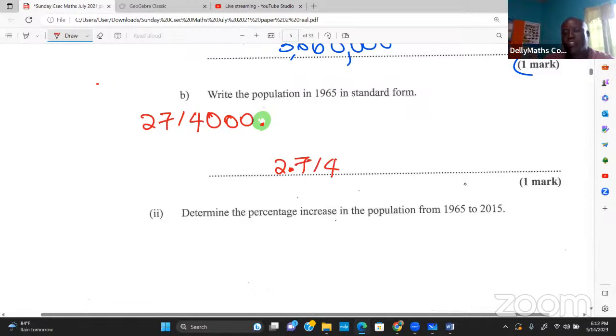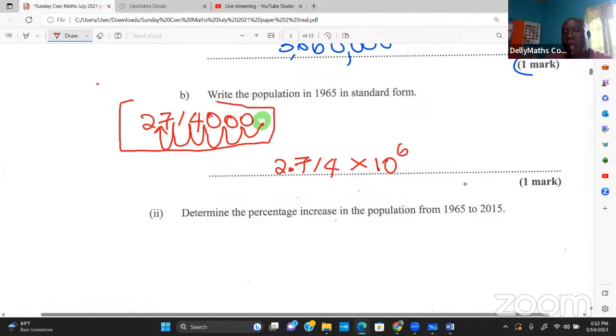All right. So then you want to check to see how many places it hopped to get there. 1, 2, 3, 4, 5, 6. So each hop is a power of 10. So it is going to be 10 to the power of 6. And because this number is greater than 1 from the beginning, the power must be positive.